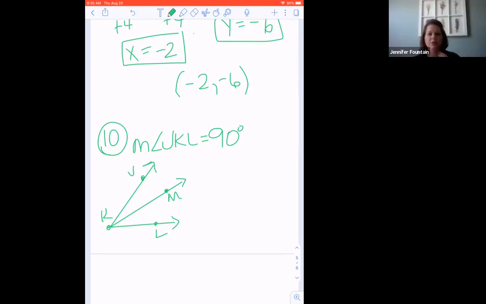All righty, we'll go ahead and get started back. Now we're on number 10 on page 38. It says suppose that the measure of angle JKL is 90 degrees. So that's what I've written on my screen: the measure of angle JKL equals 90 degrees. If ray KM bisects angle JKL, what are the measures of angle JKM and angle LKM?